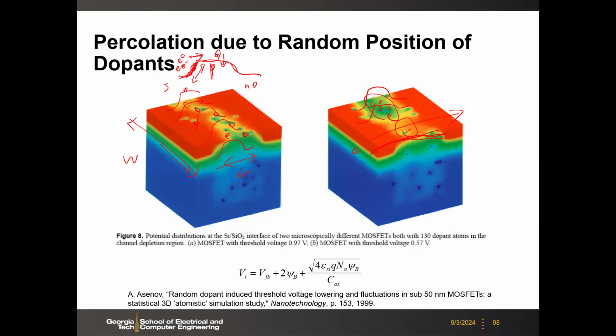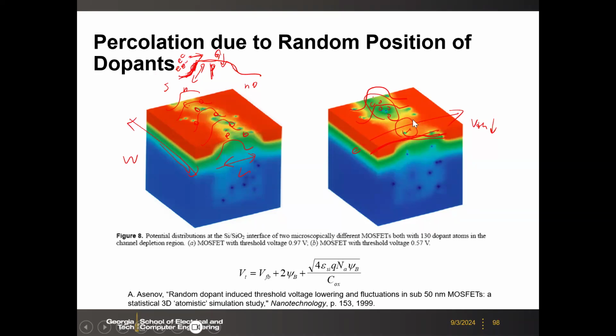That means you have larger leakage, or your VTH is smaller. So it depends on how those dopants are located. First of all, how many of them are there? Second, how they are located.